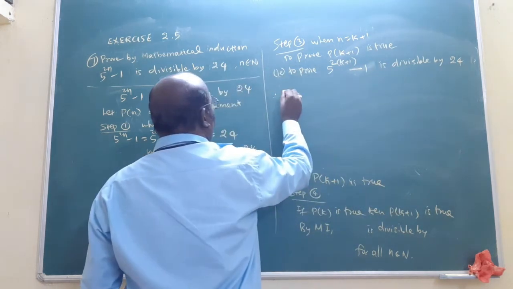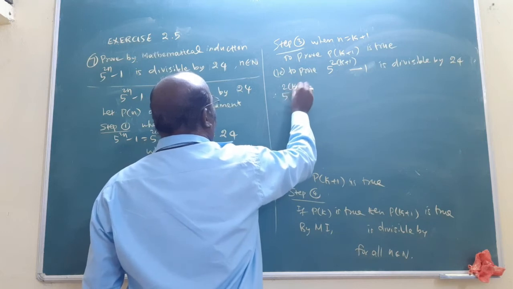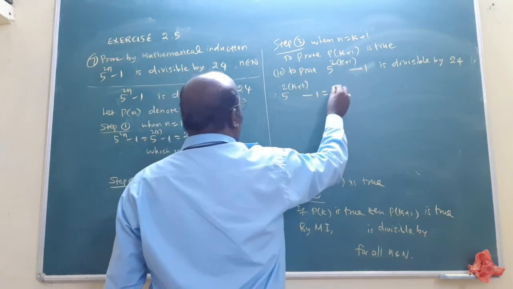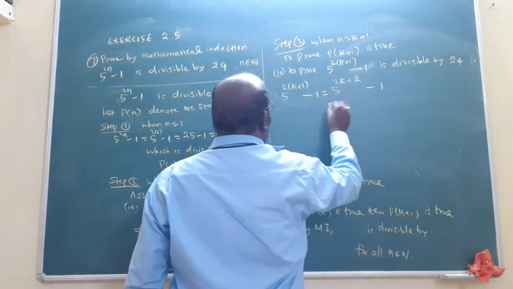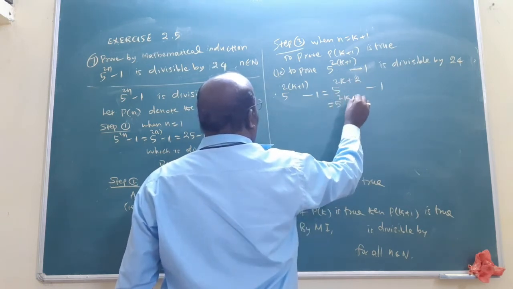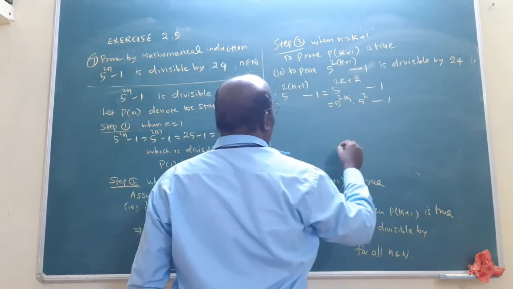Now start with 5 power 2 into k plus 1 minus 1, which equals 5 power 2k plus 2 minus 1. This becomes 5 power 2k into 5 square minus 1. Am I right?